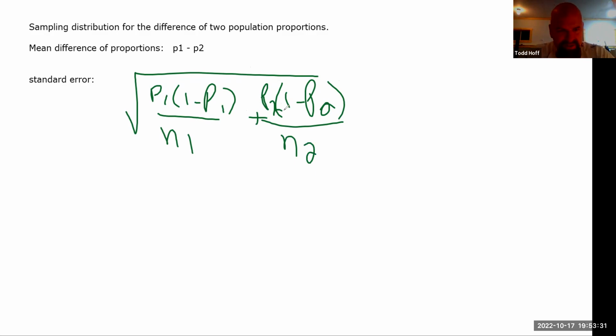I'm just combining the 2 standard errors, same as a single standard error formula, but with both of them under there combined together. But we need to be able to estimate population proportion. So our combined estimate from the 2 samples for the population proportion.